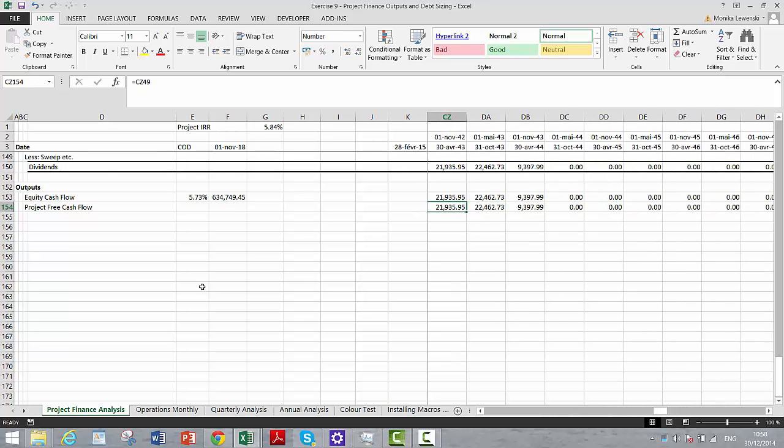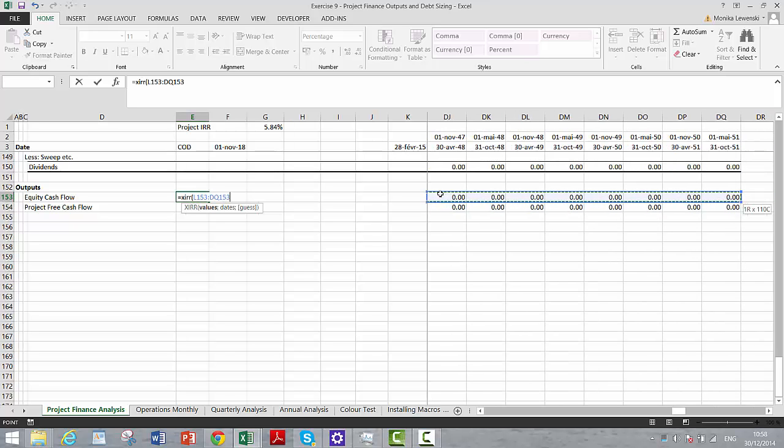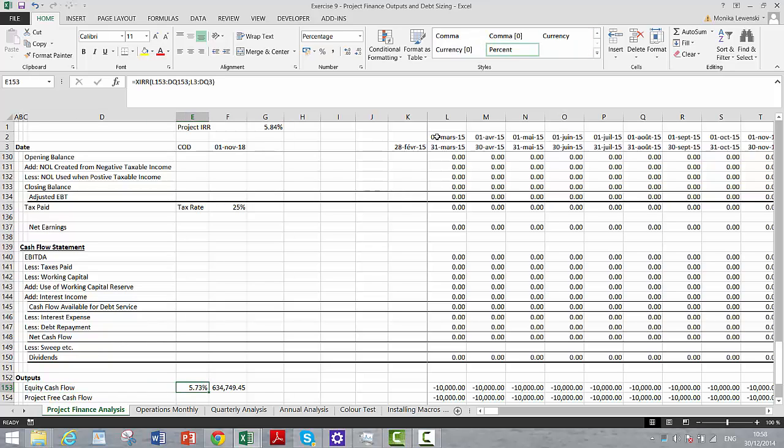Now, if you then want to get the IRR on the free cash flow, since we have an analysis that has some monthly periods and some semi-annual periods, you cannot use the regular IRR and just raise it to the 12th power or the 4th power. This is an area where the use of the XIRR is helpful.